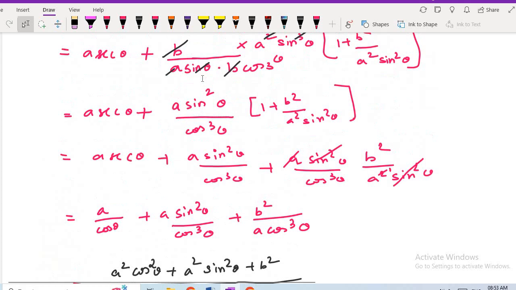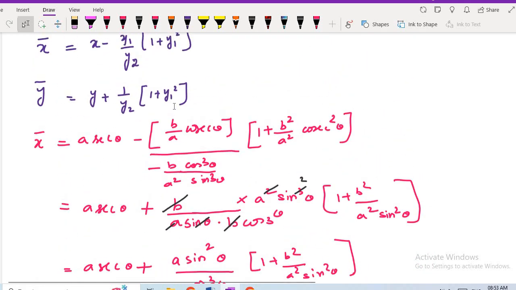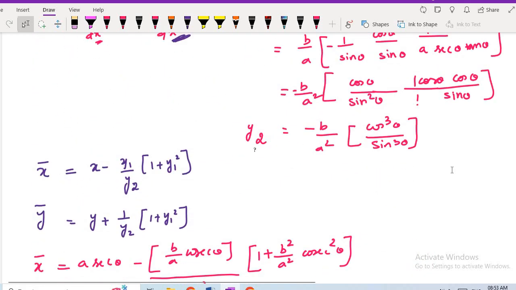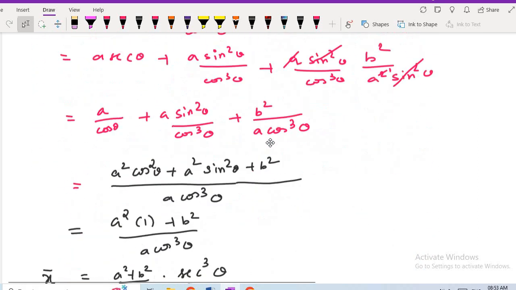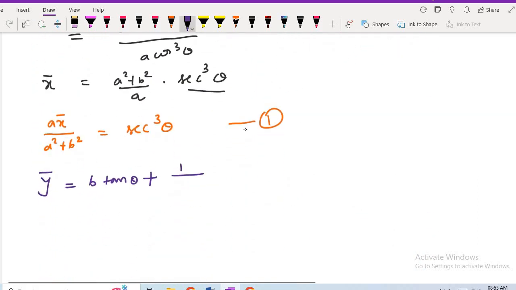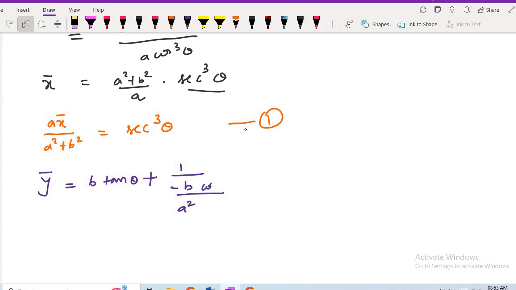The y2 value we found is minus b by a square, cos cube theta by sine cube theta. Minus b by a square into cos cube theta by sine cube theta. Am I correct? Into 1 plus the y1 value, which is b square by a square cosecant cube theta.